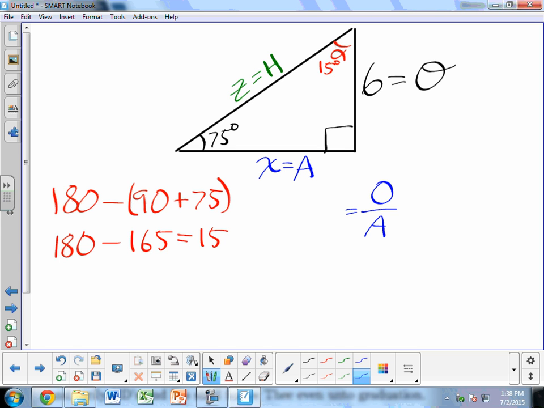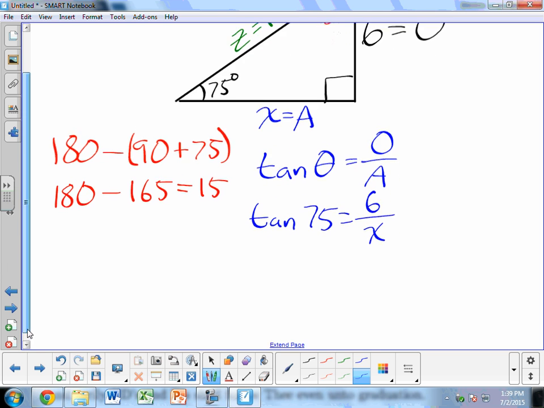And the question is, which trig function is the opposite over the adjacent? Well, that happens to be the tangent. So the tangent of some theta is the opposite over the adjacent. Now, we know our theta to be 75. We know our opposite side to be 6. And we know our adjacent side to be what we're looking for, which is x.